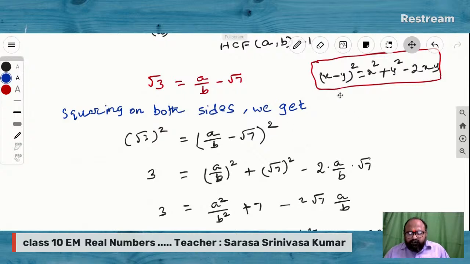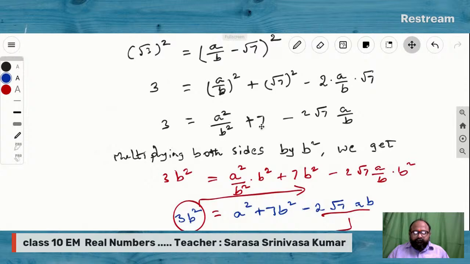Now we use the formula x minus y whole square equal to x square plus y square minus 2xy. By using this formula, we expand the right hand side term. A by b minus square root of 7 whole square can be written as a by b whole square plus square root of 7 whole square minus 2 multiplied by a by b multiplied by square root of 7.